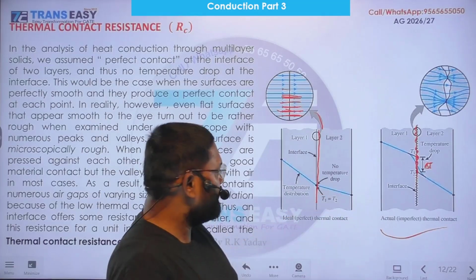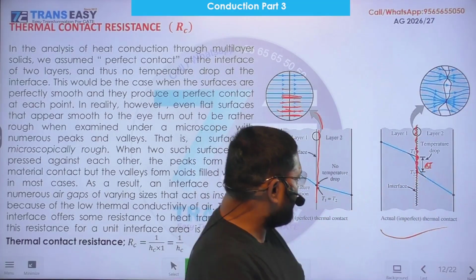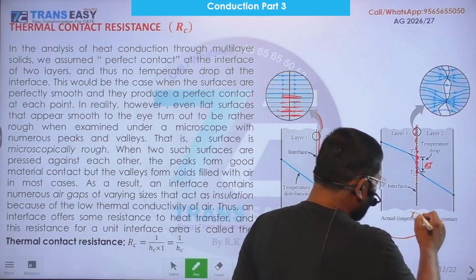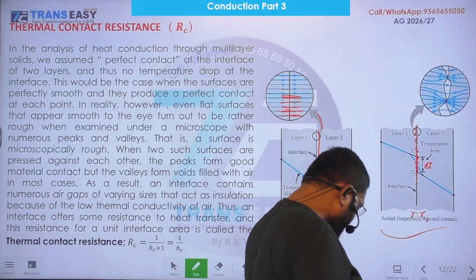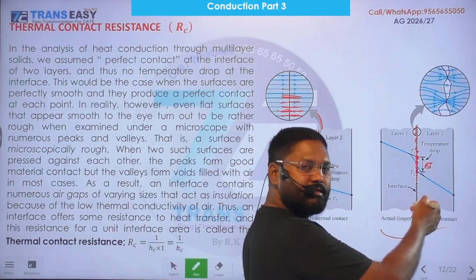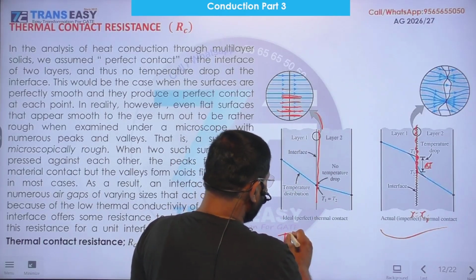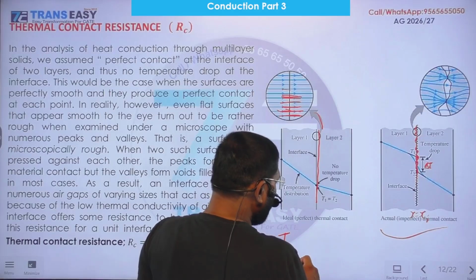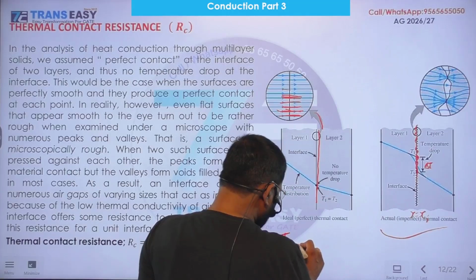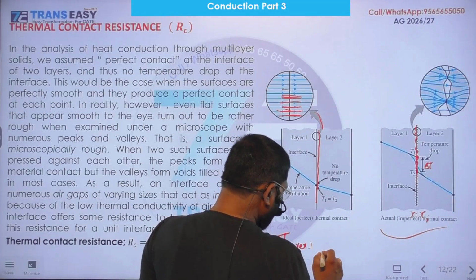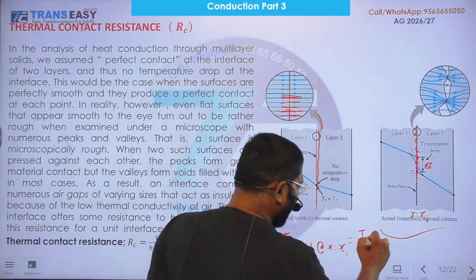Right? But here, suppose this is x is equal to xi, representing interface location. So at interface, temperature corresponding to layer 1 at x is equal to x1 is equal to T1.